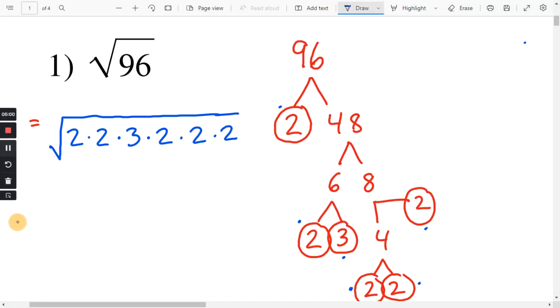And now, like in the intro, cancel out 2 at a time and bring it outside of the square root. So as far as 2 times 2, the square root of 2 times 2 is just 2. And again, the square root of 2 times 2 is just 2. So those are going to be multiplied. And then underneath the square root, we have 3 times 2.